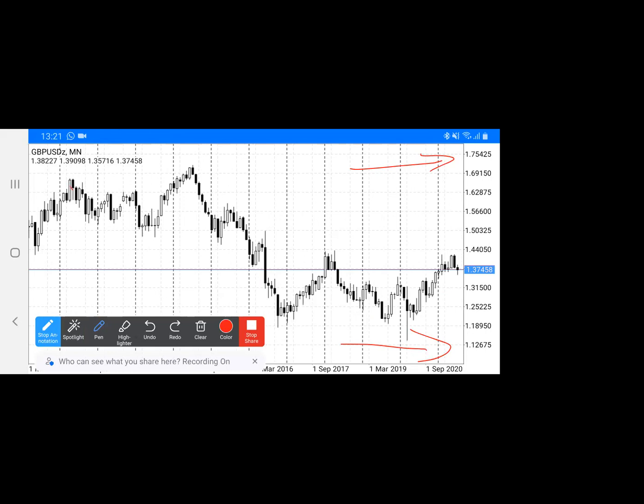Conversely, because this is a currency pair, you can't forget the dollar. If the dollar gets stronger, right now £1 is worth $1.37, but then £1 is going to be worth $1.12, because the value of the dollar is going to drive this chart down.